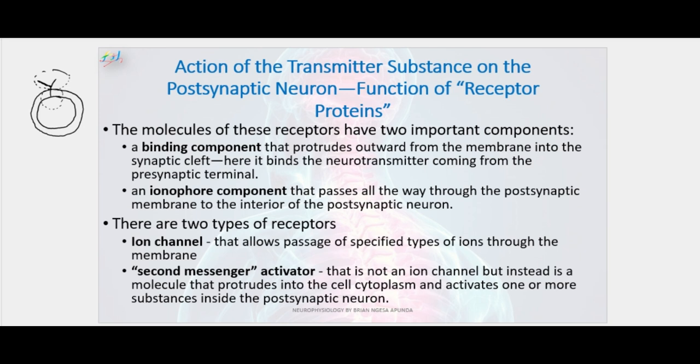When we were covering the receptors as far as hormones were concerned, we talked of 3 major types of receptors. For the neurons, the 2 types of receptors are the ionotropic, or rather the ion channel receptors, or the second messenger activator receptor, which somebody might call metabotropic.